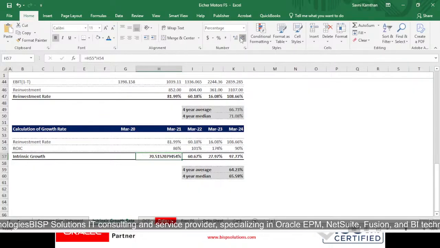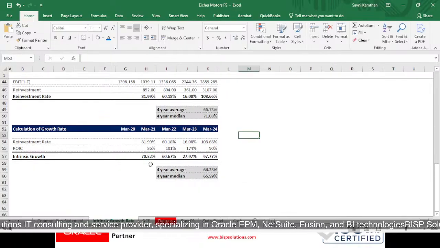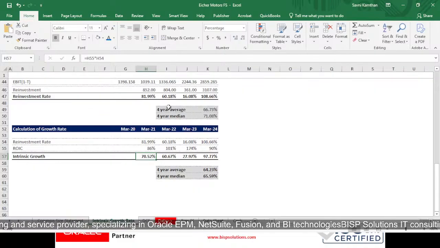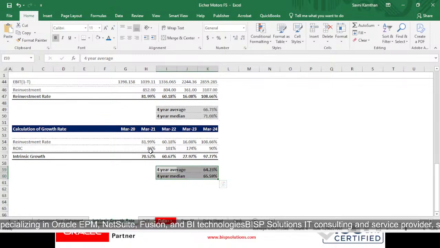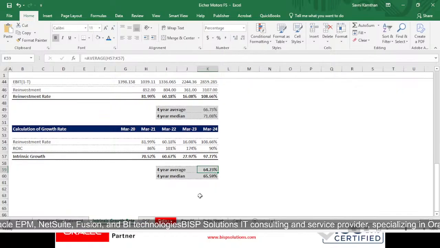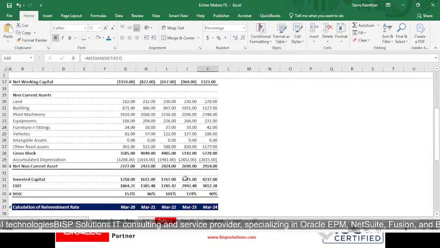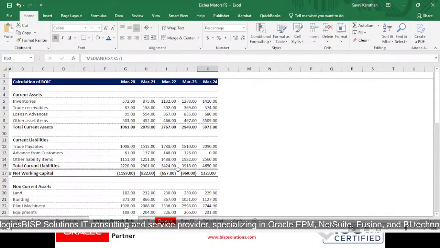Once the calculation is done, we can drag it till March 24, and the same formula used over here is copy-pasted till the end, and the same formulas for averaging our intrinsic growth and for the median of our intrinsic growth are used. So this is how we make our intrinsic growth rate.